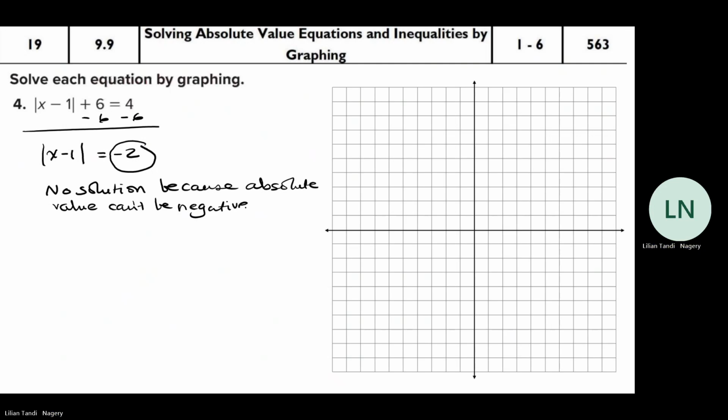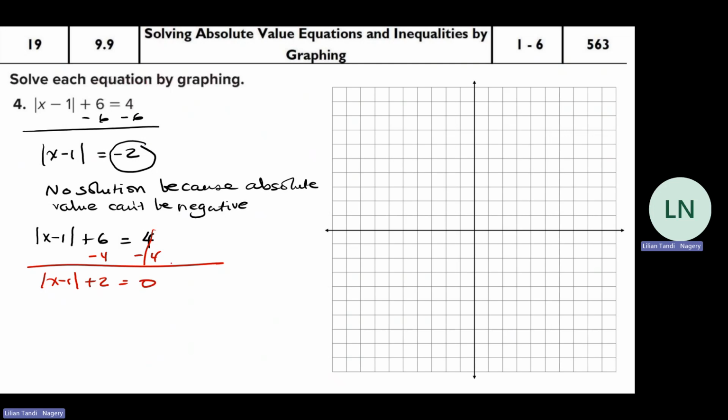Now, you have to make it 0 because you have to draw the graph. So absolute value x minus 1 plus 6. Just because you said no solution does not mean you cannot draw the graph. You must draw the graph. Subtract 4, subtract 4. This goes away. Absolute value x minus 1 plus 2 equals 0. Okay, I need space for the table, so I'm going to erase this.